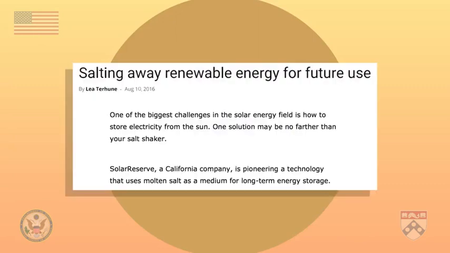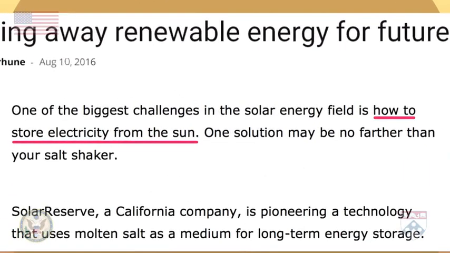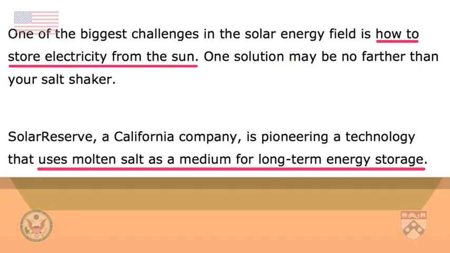Informational texts often give the most important information first. So let's look at the first 1 or 2 paragraphs. We see 2 phrases, how to store electricity from the sun, and uses molten salt as a medium for long-term energy storage.